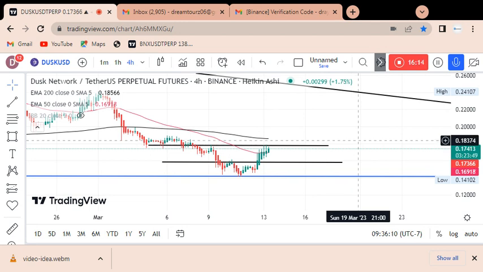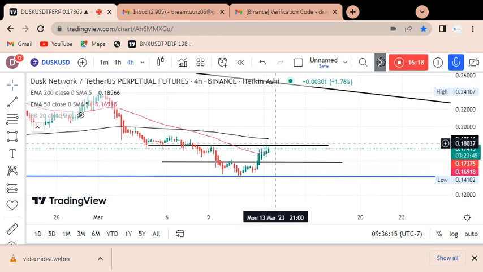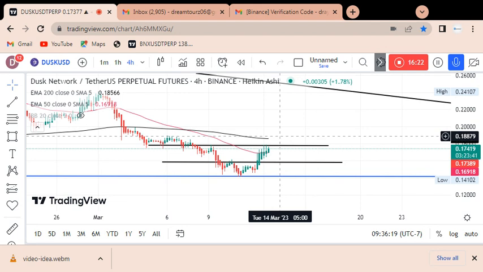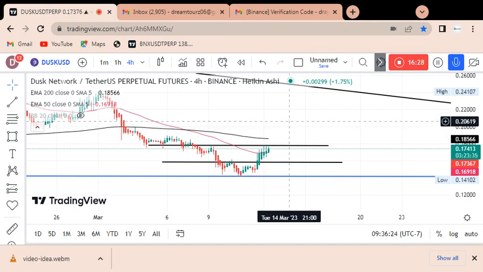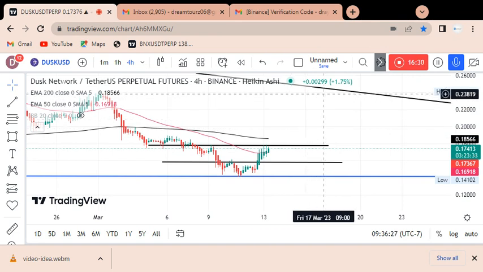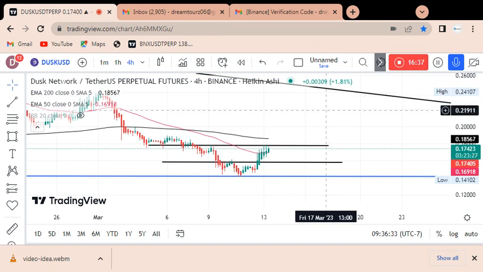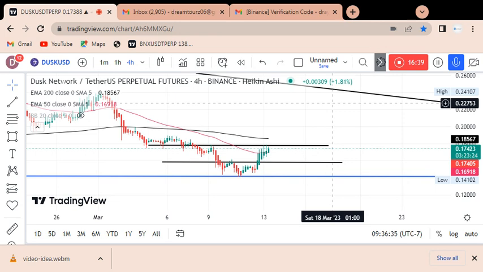Once price breaks out from this point to 0.18879, expect price to go all the way down to 0.2, 0.22753.